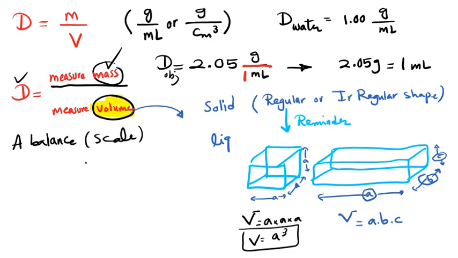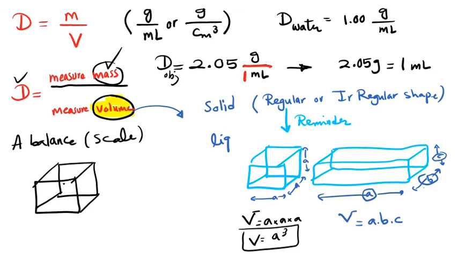I'm going to give you one example. Assume that I have one cube. This cube has 2.0 centimeter for each side. And we are going to measure the volume for this one.